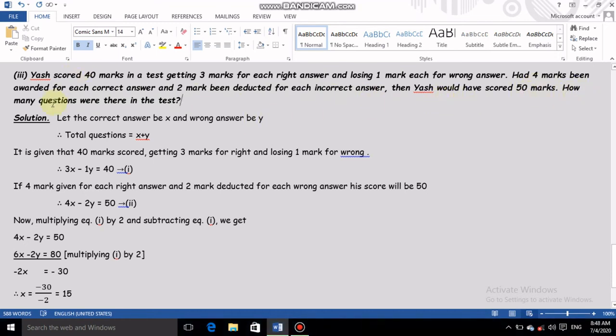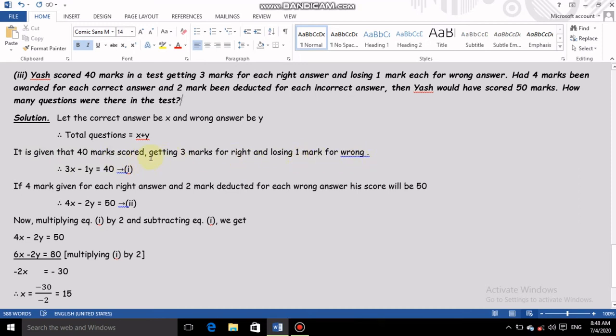How many questions were there in the test? Solution. Let the correct answer be x and wrong answer be y. Therefore, total questions x plus y.